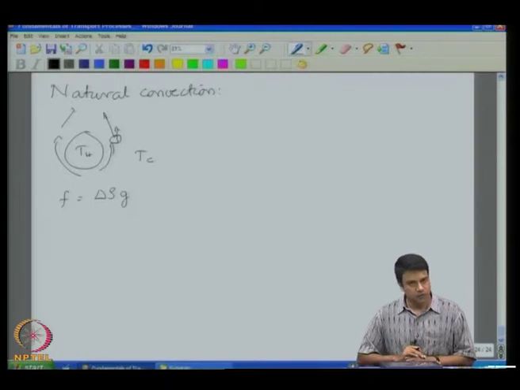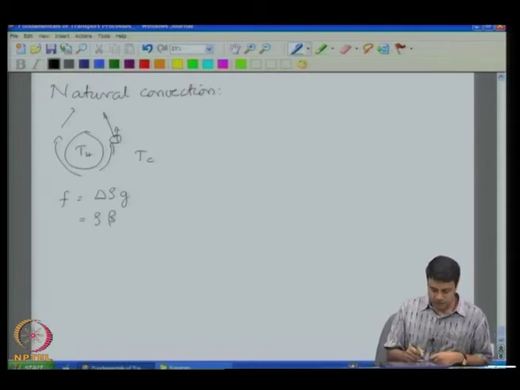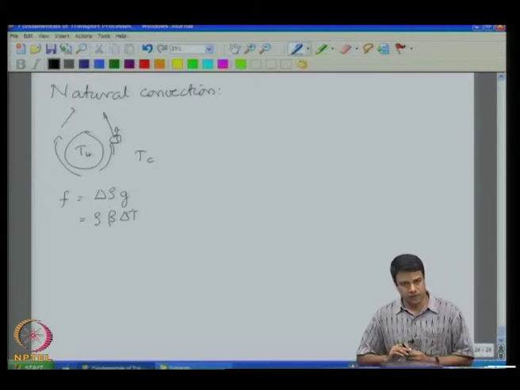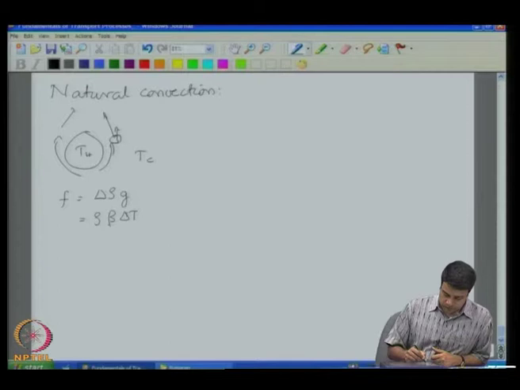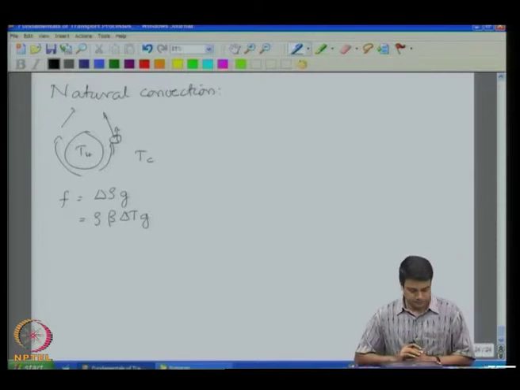What is delta rho? This is equal to the density times the coefficient of expansion times delta T, where beta is equal to the change in density due to unit change in temperature. Beta is the coefficient of thermal expansion. So, the force is equal to rho beta delta T times the gravitational acceleration.